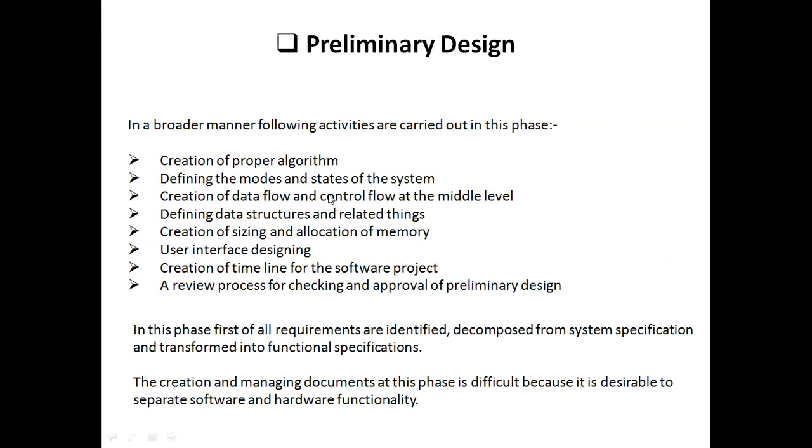Defining the modes and states of the system: whatever states and modes we use for the system, we define in this preliminary design. Next is the creation of data flow and control flow at the middle level.